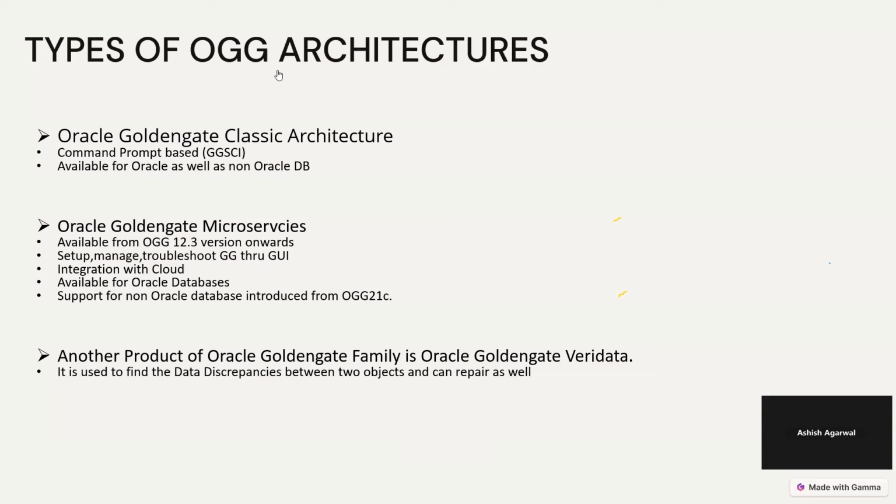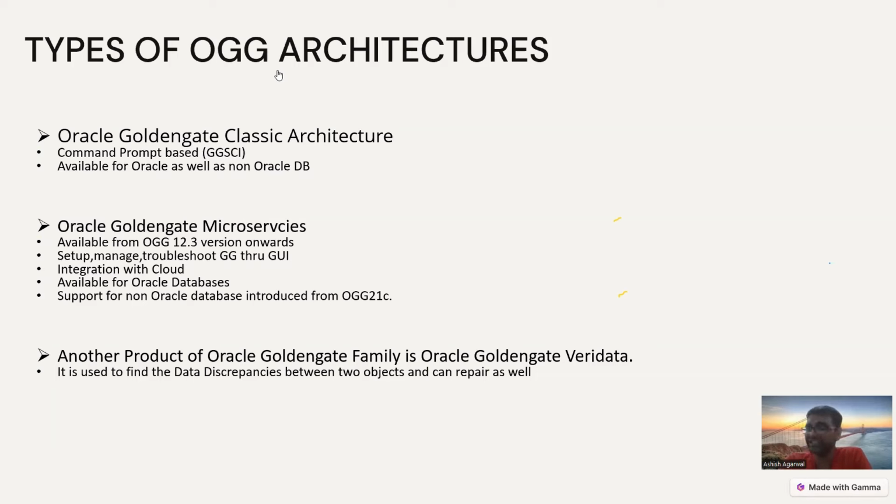Okay. So Oracle GoldenGate microservices is available from GoldenGate version 12.3 onwards. It allows you to set up, manage, troubleshoot and configure GoldenGate through a GUI as well. One of the major things, let me tell you, is that microservices is majorly promoted as a GUI, but there is a command prompt as well. What you have as GGSCI in Classic, the equivalent in microservices is the admin client.